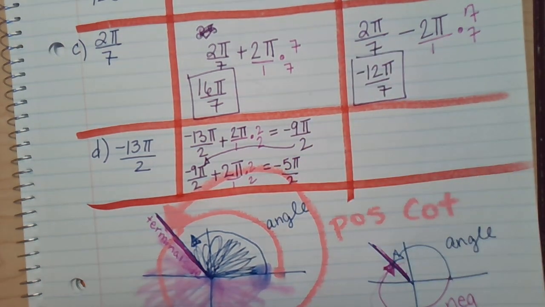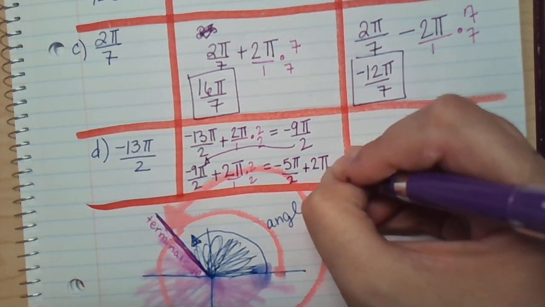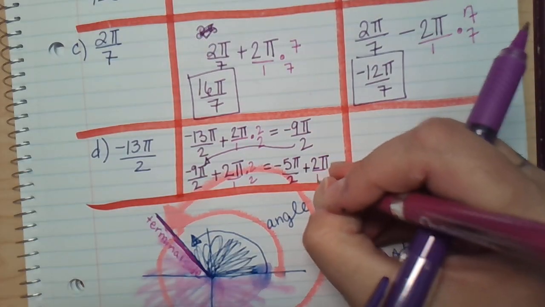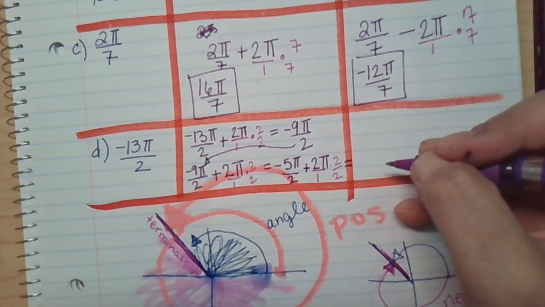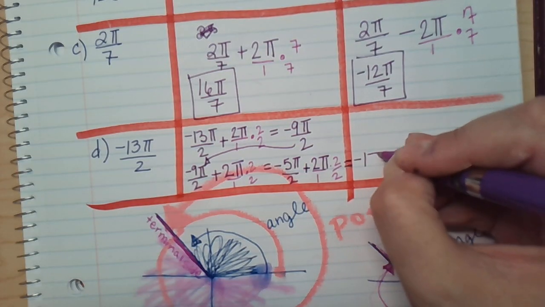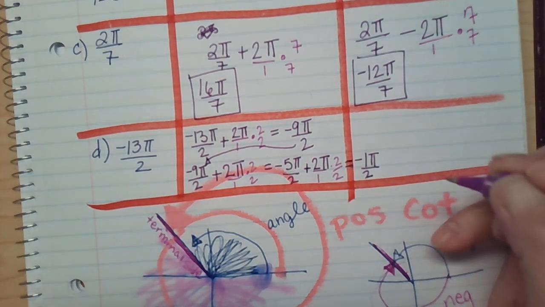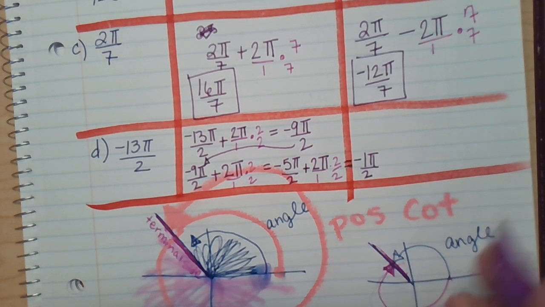But is that positive? Oh, no. So we have to add another 2 pi. Put my good friend 1 times 2 times 2. And we get, let's see, -5 plus 4 is -1 pi over 2. Is that positive? No. Oh my gosh.